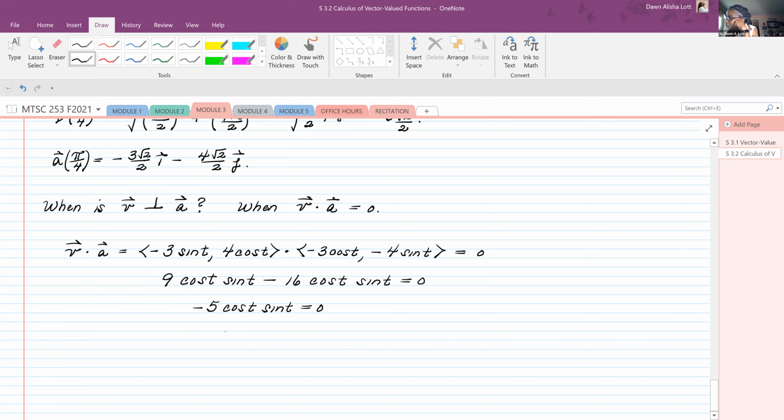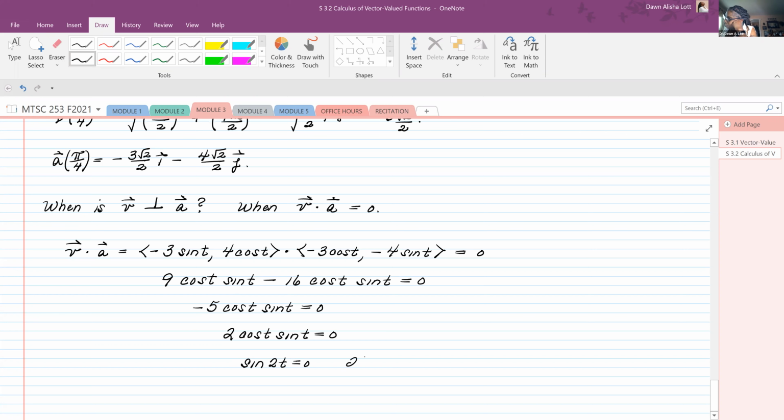So I'm going to write this as 2 the cosine of t times the sine of t is equal to 0. This is the sine of 2t. So the sine of 2t is equal to 0.